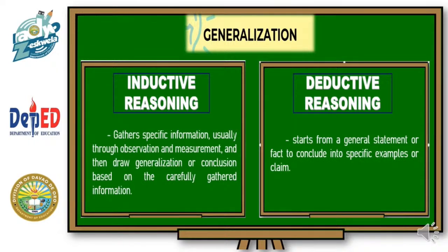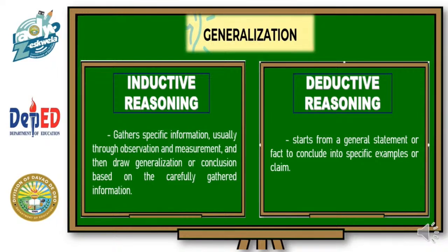Inductive reasoning gathers specific information, usually through observation and measurement, and then draws a generalization or conclusion based on the carefully gathered information. While deductive reasoning starts from a general statement or fact to conclude into a specific case or situation.